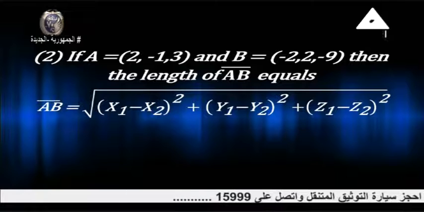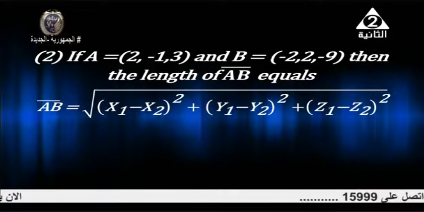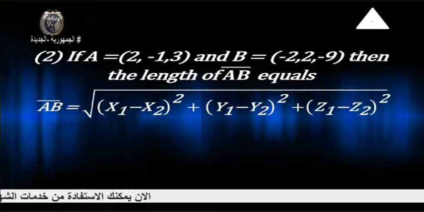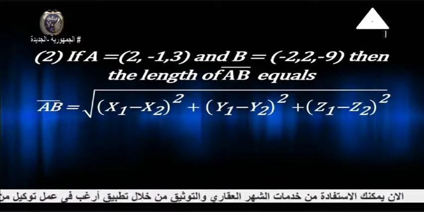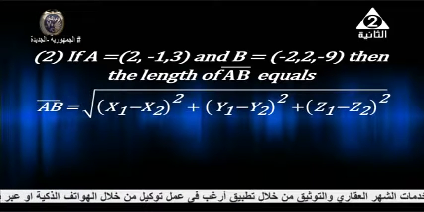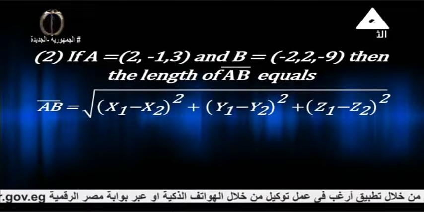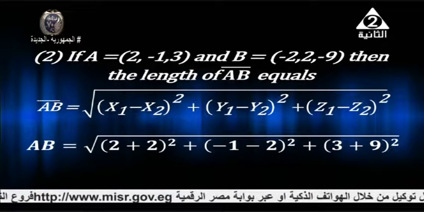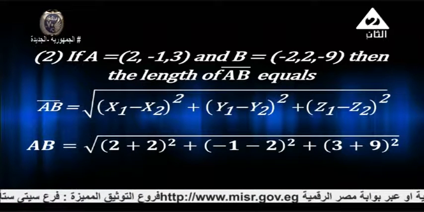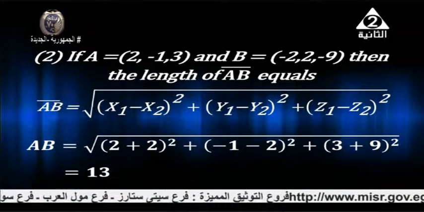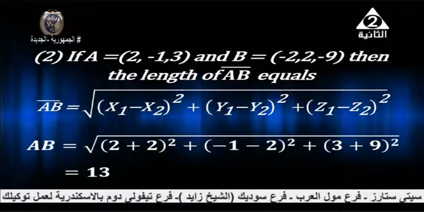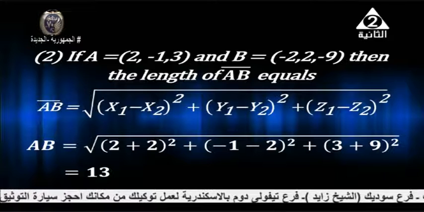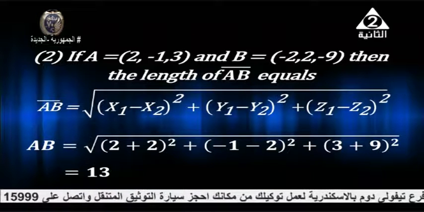We have 2 points: x1 = 2, y1 = -1, z1 = 3, and x2 = -2, y2 = 2, z2 = -9. By using substitution, the length of AB equals 13. Don't forget, my dear students, this rule for the length of a line segment between 2 points A and B.